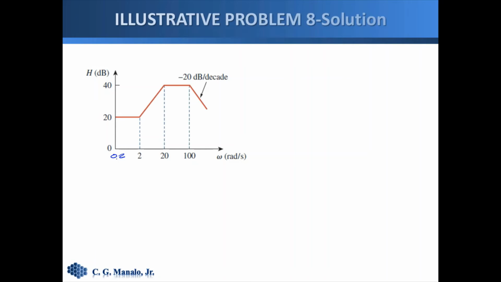Hence, we would assume that there must be a constant gain. Let me draw it here. Let's draw the breakdown. So there's a constant gain, and that would be this one.